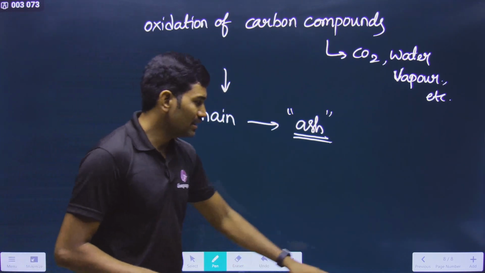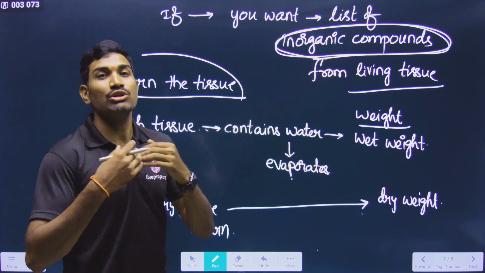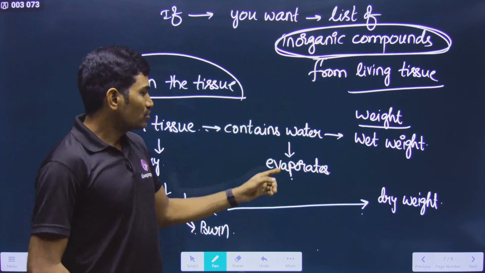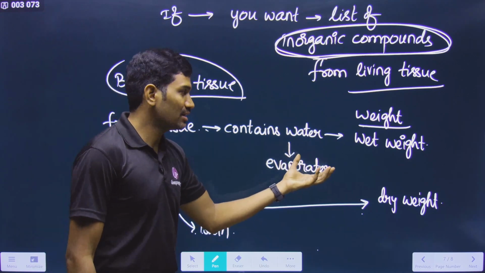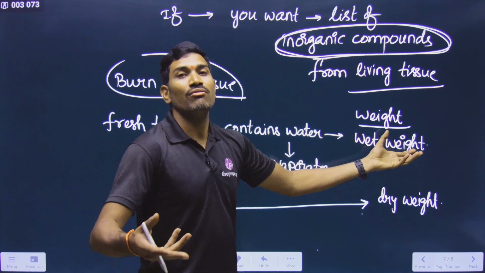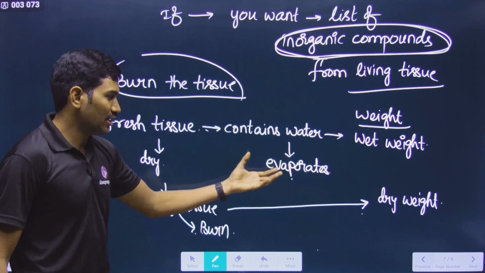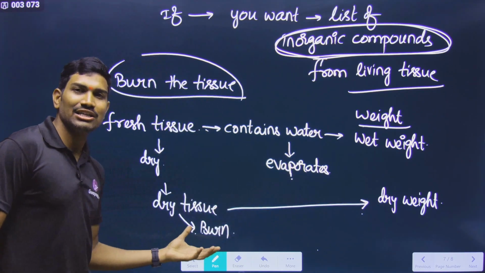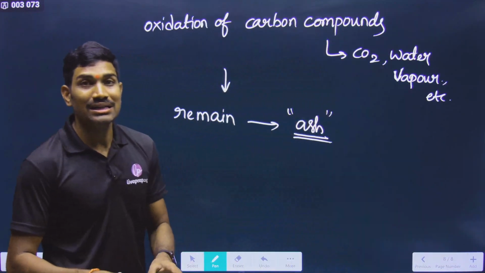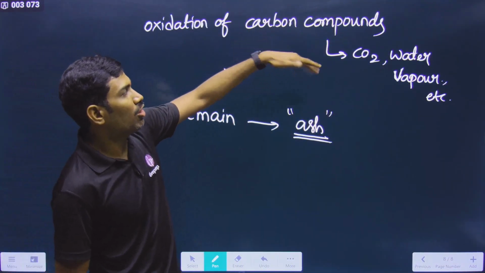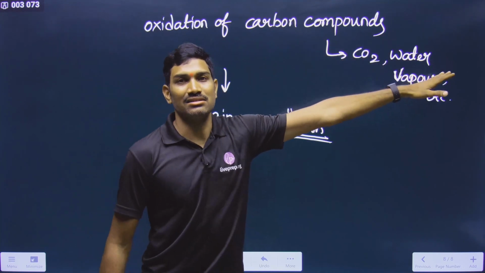Once again, let me repeat here. Our aim is to get only inorganic compounds. So you need to remove organic compounds. Generally, if you take a fresh tissue, it has more water, so it has more wet weight. Upon drying, water will be evaporated so that we get the dry tissue, the dry weight. And this dry tissue will be burnt in the presence of oxygen so that all the carbon compounds will be removed in the form of various gases.